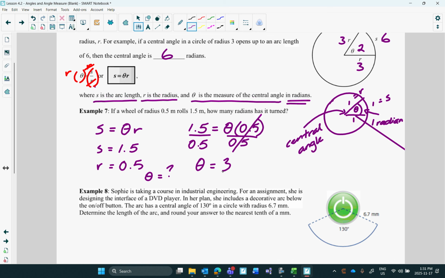It's not in your notes. You have to understand. 180-ish. Why? Because didn't we say there were 6.28 in a complete circle? 2 pi radians in a complete circle. 2 times 3.14 is 6.28. So 3 radians is around 180 degrees.